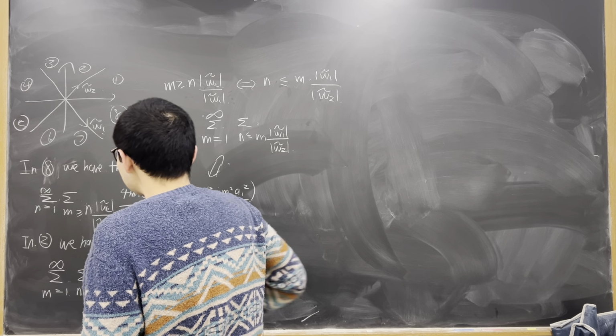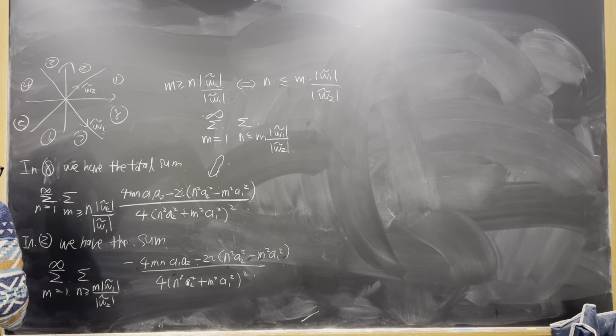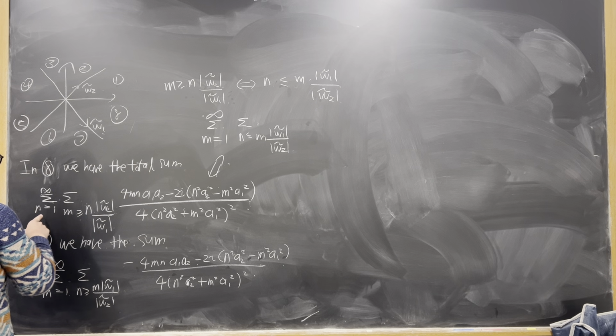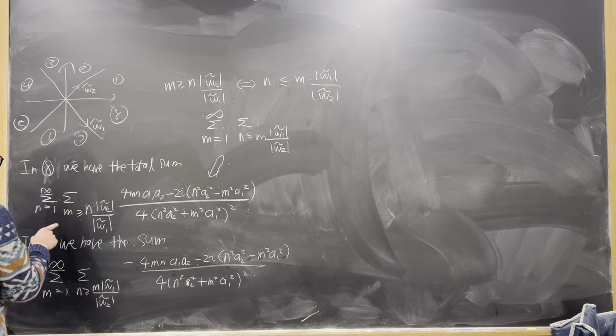So why did it work? I think it's a different way of doing it, right? So namely, this n is associated to what?